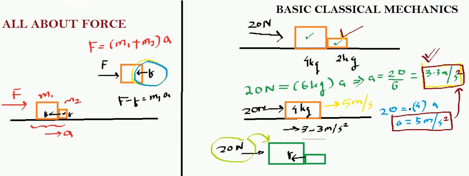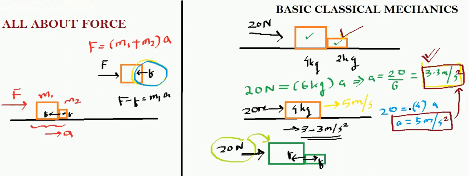But still, the second block is moving with an acceleration of 3.3 meter per second square. Who caused it? The reason the second block is moving is because the force has pushed the first block. The first block is moving and the first block is pushing the second block. It means there is a force from the first block to the second block that is causing the second block to move.